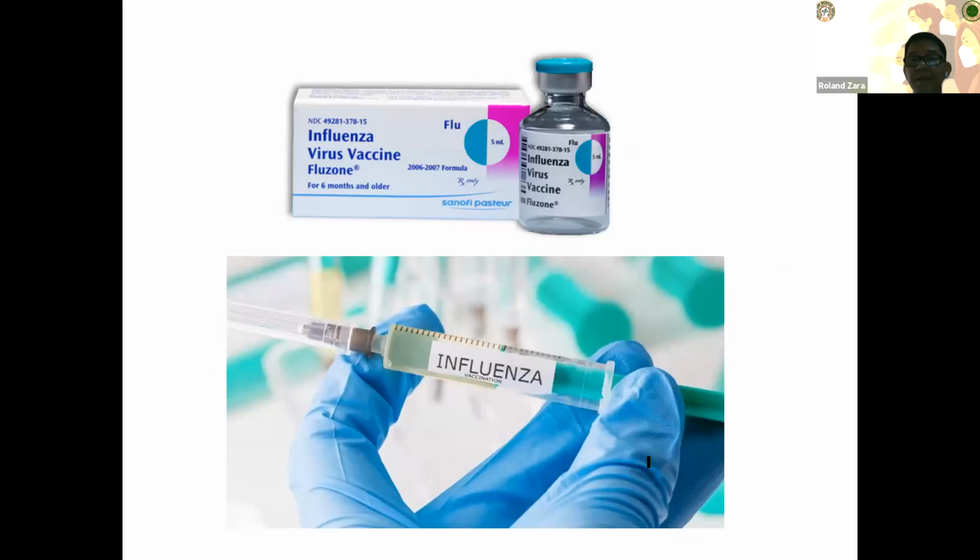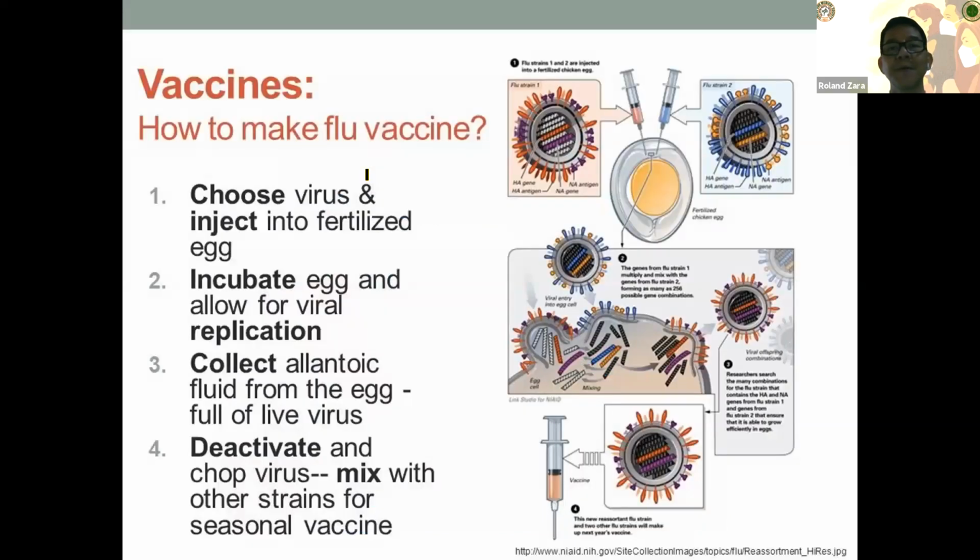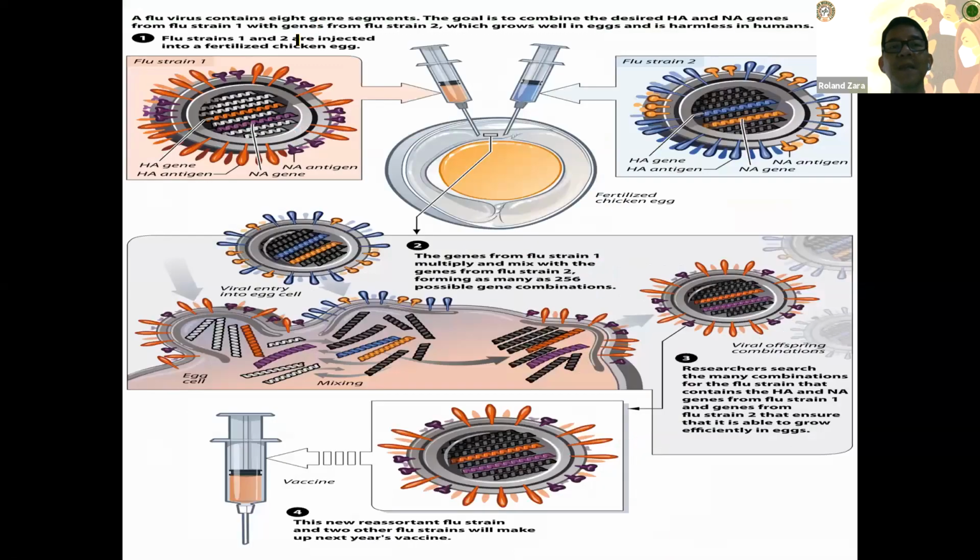Okay, so how to protect? Through your influenza vaccine. It's available now. It's Fluarix, which comes from GSK. So Glaxo produces your Fluarix, while Sanofi's is Fluzone. How do they make it? They get the flu strain virus and inject it into the allantoic fluid of the egg.